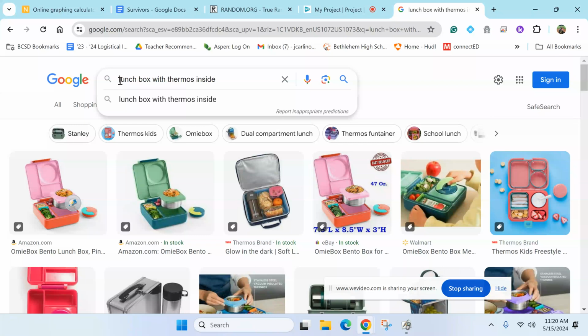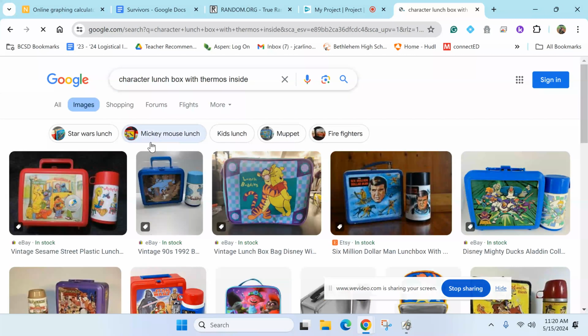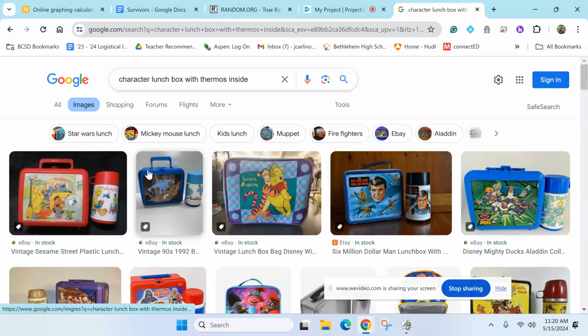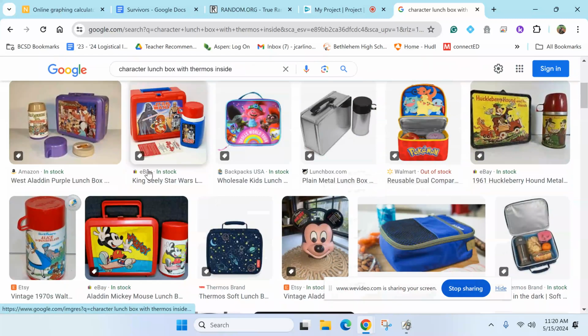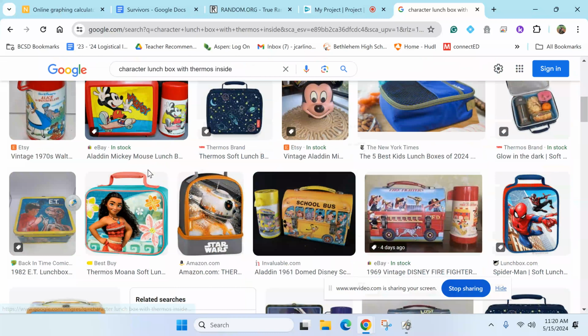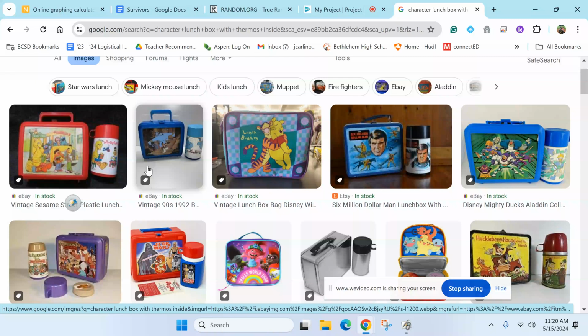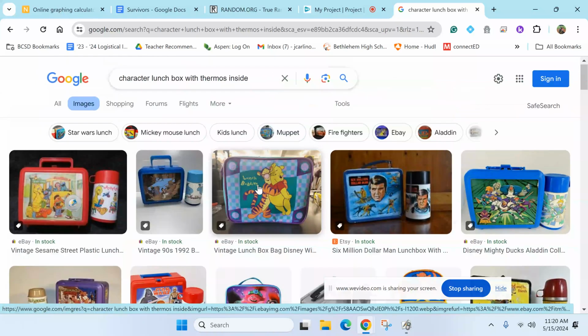Maybe character lunchbox. These are not real. What do you mean? I had one when I was in elementary school. See what I'm talking about? Like one of those, they fit right in. Nobody had those back in the day. What was your character? Teddy Ruxpin. Who? Nobody knows Teddy Ruxpin. Nobody had this, by the way. Come on.